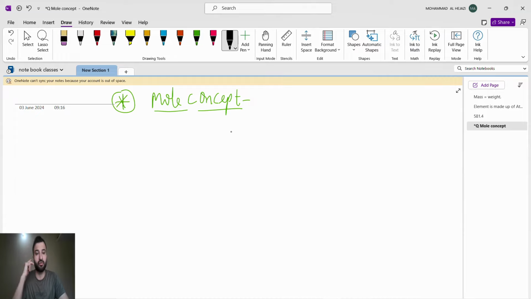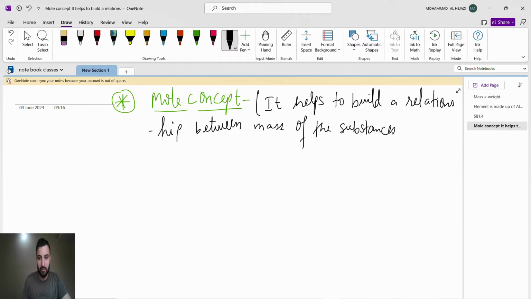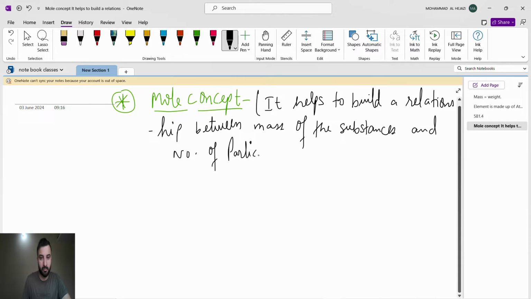Then we will write its definition. The mole concept helps to build a relationship between the mass of the substances and the number of particles present in the substances.